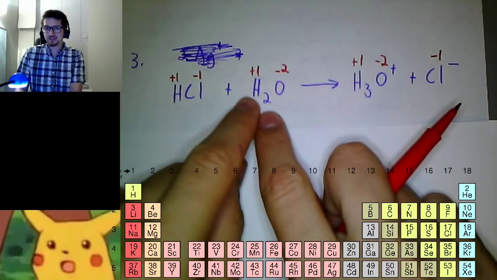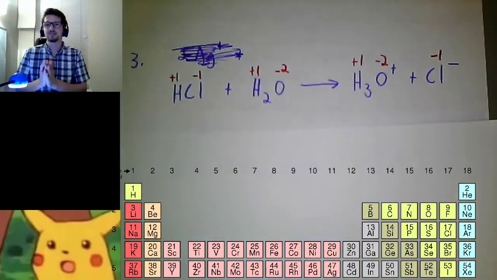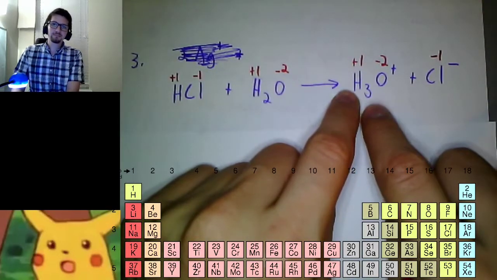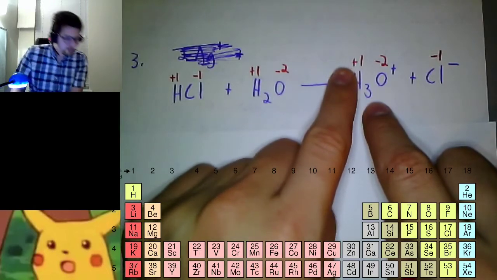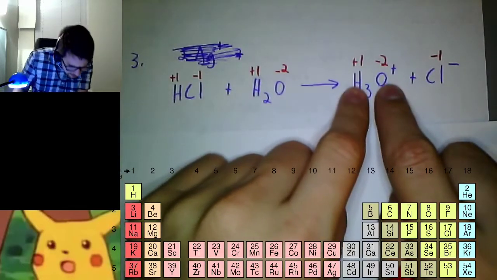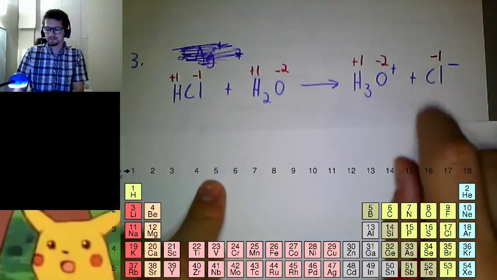I have 2 hydrogens, so that's 2 plus 1s, which would be plus 2 and minus 2. 0. I have 3 plus 1s. I have a minus 2. Well, it looks like this one's not going to end up balanced. Okay, and then the plus Cl, and that's a minus 1.